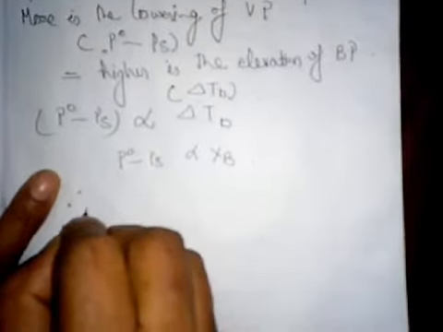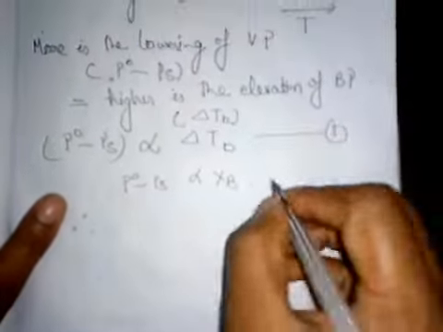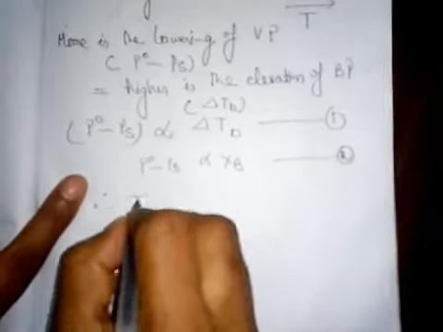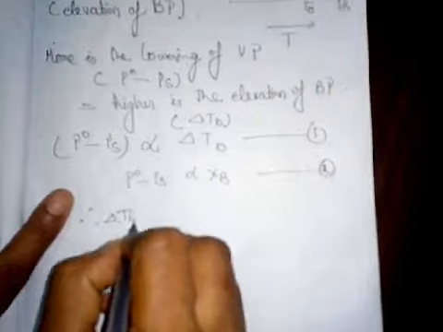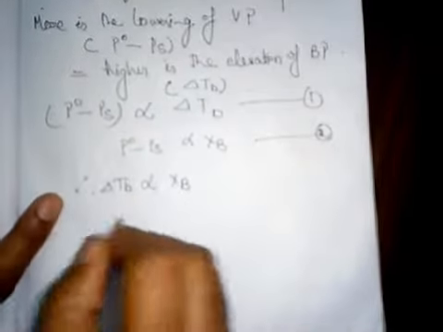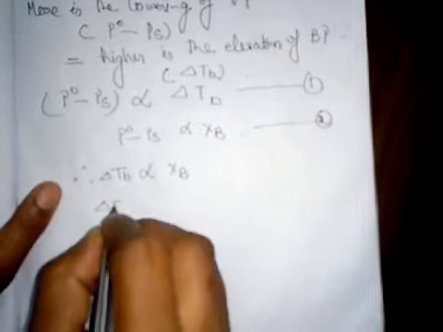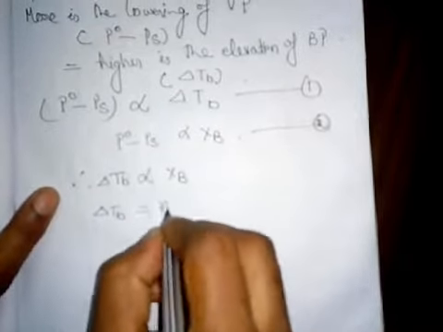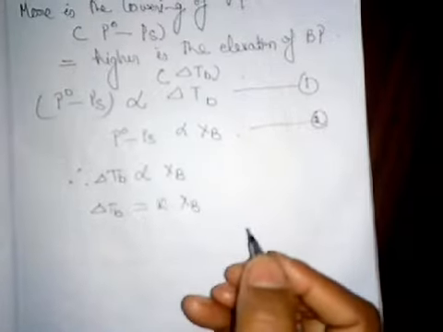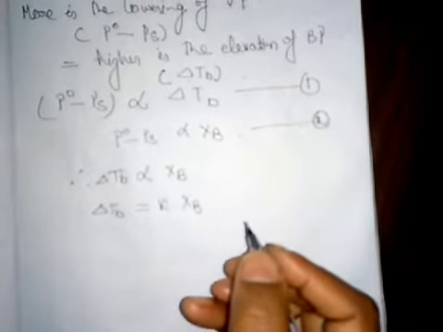Therefore, from equations 1 and 2, delta Tb is directly proportional to Xb, or delta Tb is equal to K into Xb, where K is the proportionality constant.